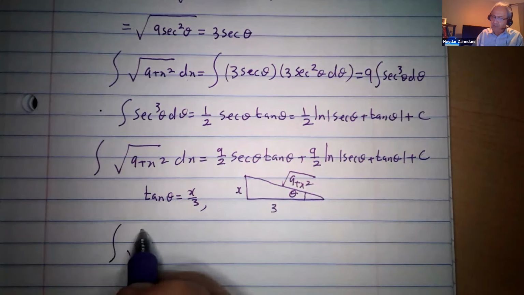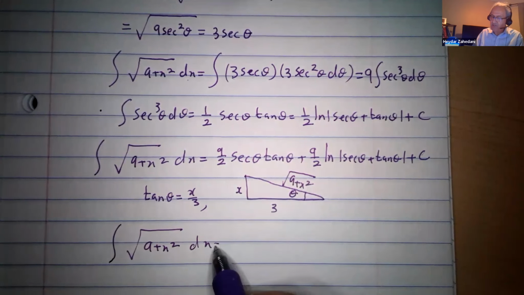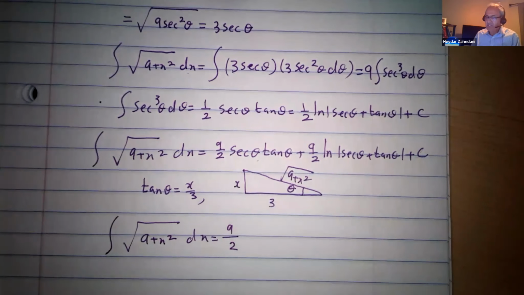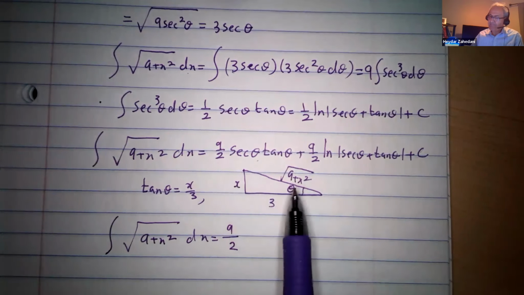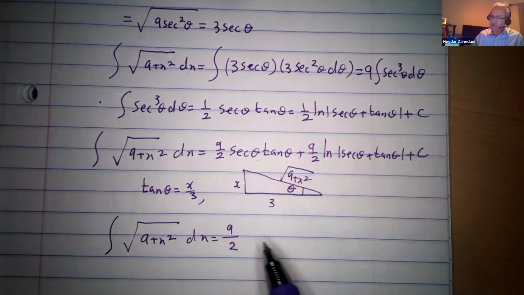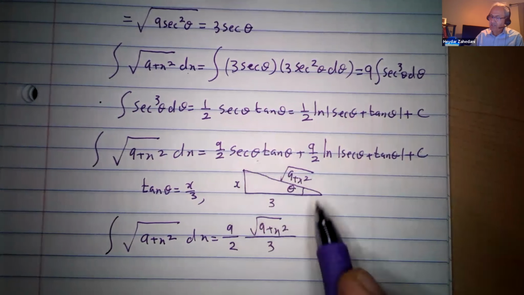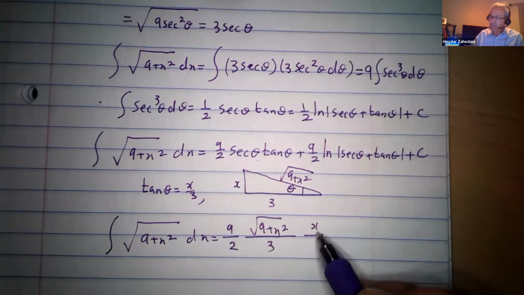So the integral of the radical of 9 plus x squared dx is equal to 9/2 of the secant. Secant is 1 over cosine. The cosine would be 3 over, so do it the other way around. So it's going to be radical 9 plus x squared over 3. That's the secant, times the tangent, which is x over 3.